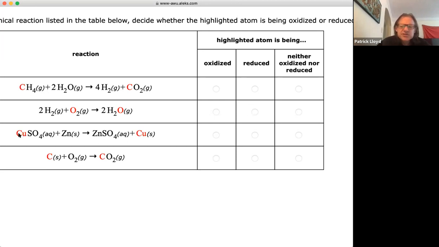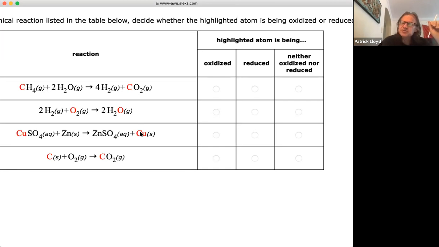Now let's take a look at this one. This is copper sulfate, and then copper. This is not obvious, but this is an ionic compound. This is sulfate. Sulfate is -2, right? SO4 -2 is the polyatomic ion. Copper would be +2. Here it's an element, so it's 0. If something starts as +2 and it becomes 0, that is becoming more negative.